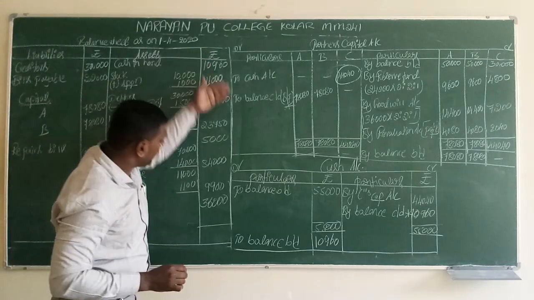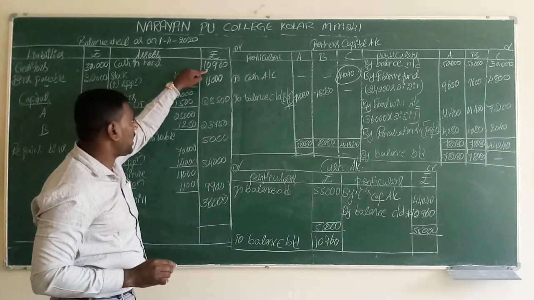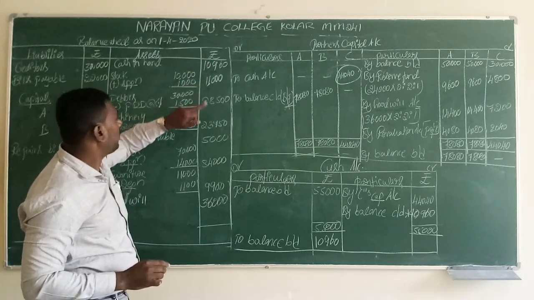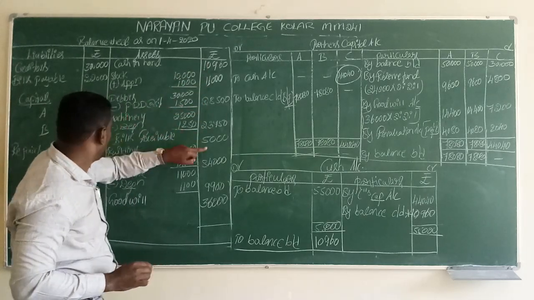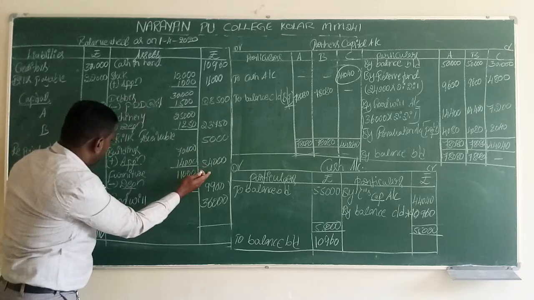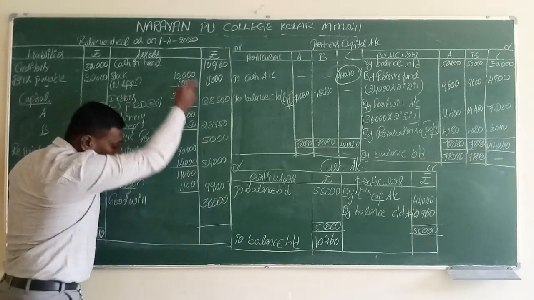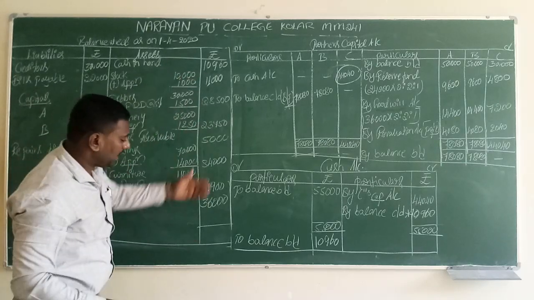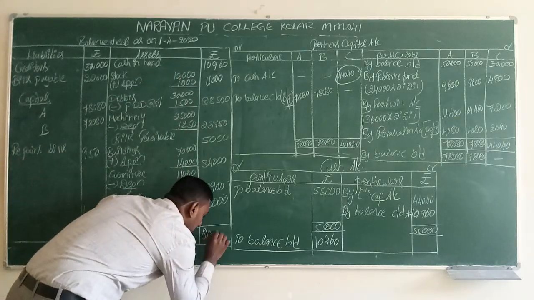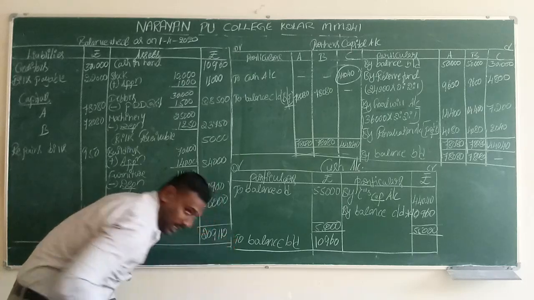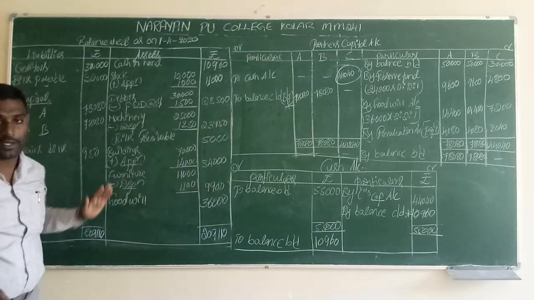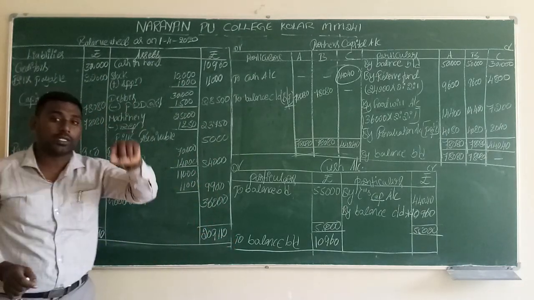For the assets also we have to make the total: cash plus stock plus debtors plus machinery plus bills receivable plus buildings plus furniture plus goodwill. Again by adding these, we will get one exact value, 2,09,110 rupees.